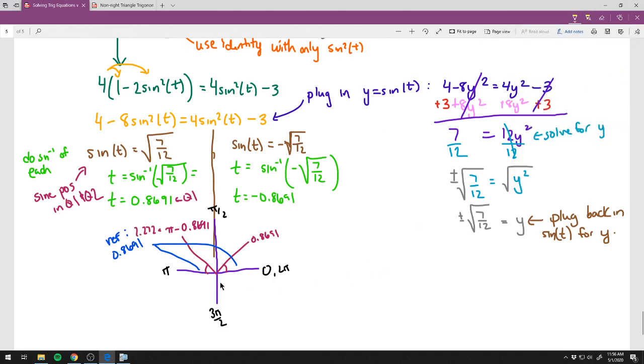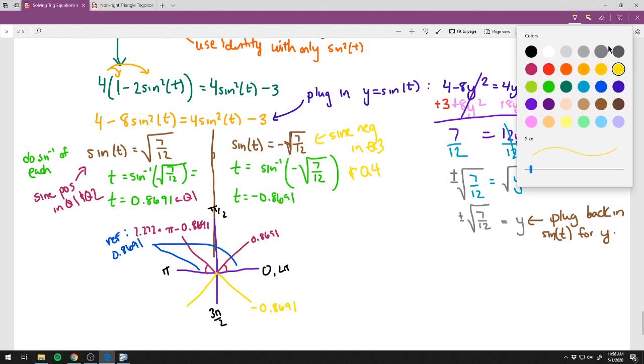Now the other side here, sine of t equals a negative number, is going to have an angle in quadrants 3 and 4. And the one we got from the calculator is from quadrant 4, negative 0.8691.